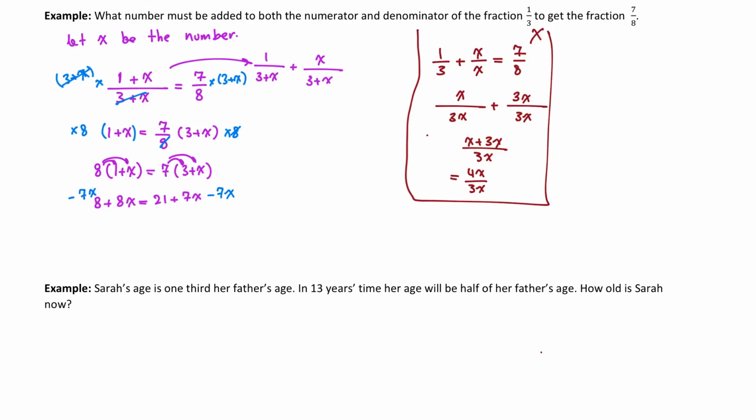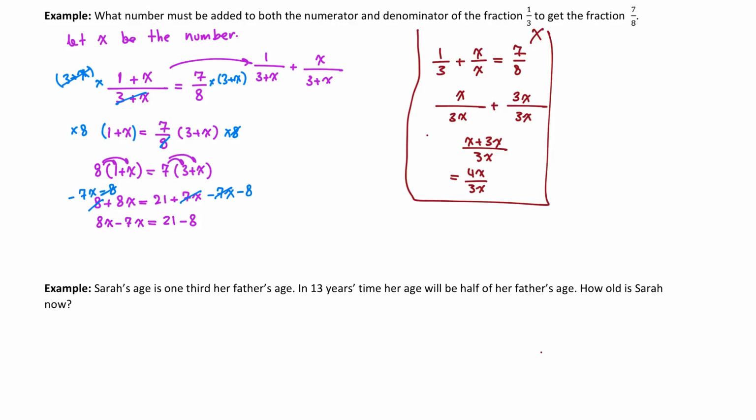And I want to get rid of the 8 on the left side, so I will subtract 8 from this side and this side. That will get rid of the 8 on this side and the 7x on this side, and I will end up getting 8x minus 7x is equal to 21 minus 8.